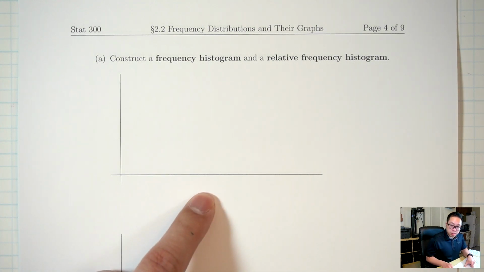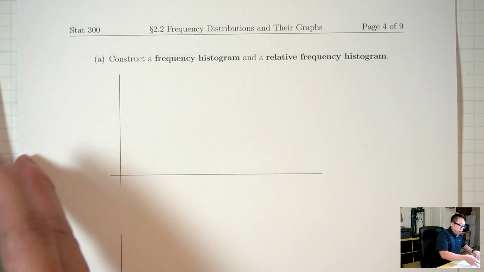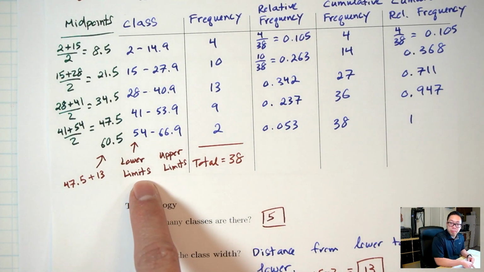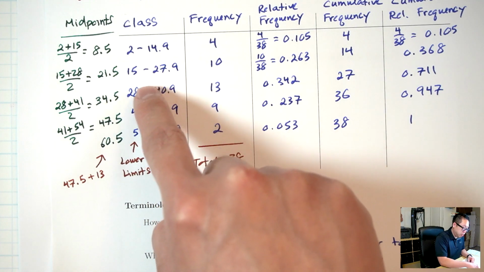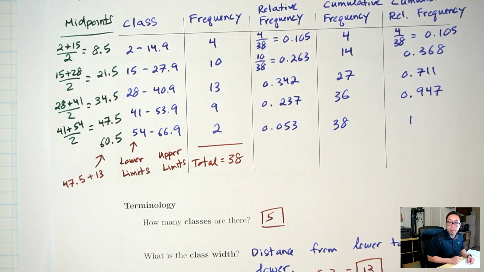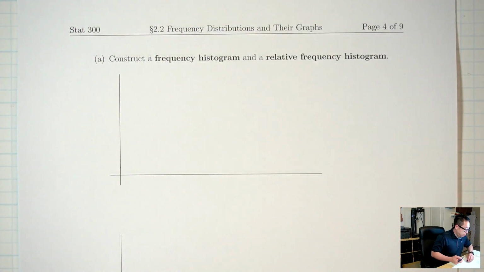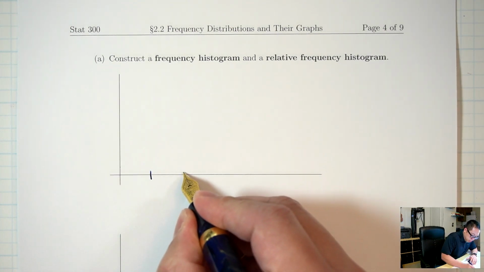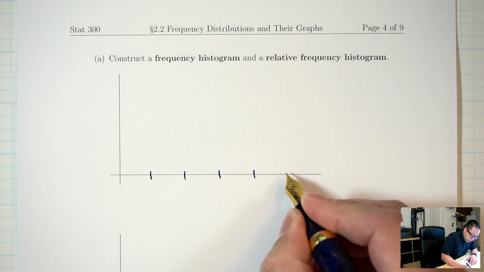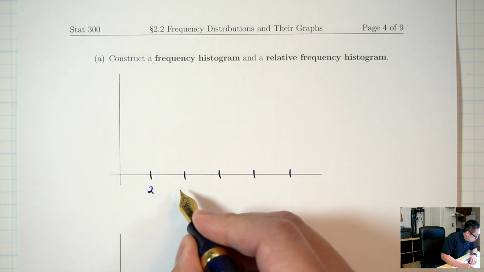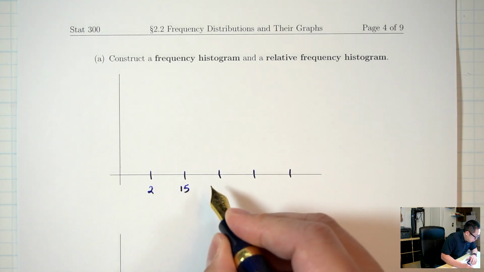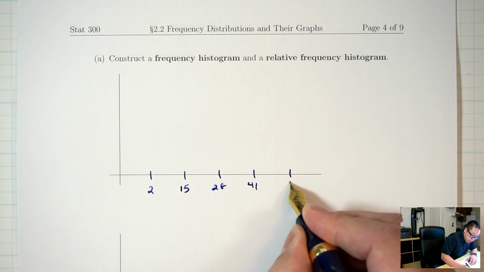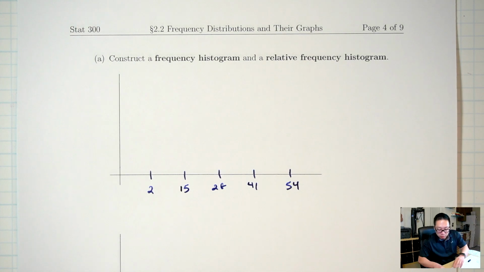On the x-axis, we're going to put the lower limits. So this is going to be 2, 15, 28, 41, and 54. Okay, and let me make a note of this.